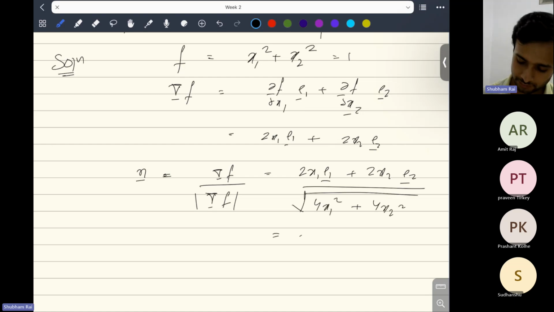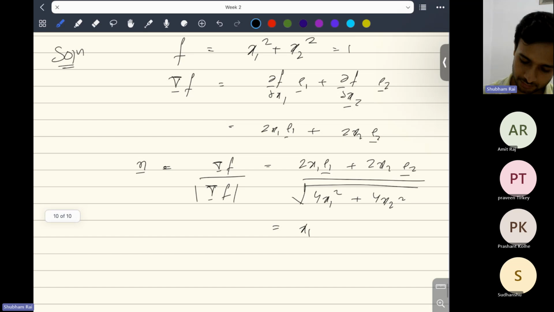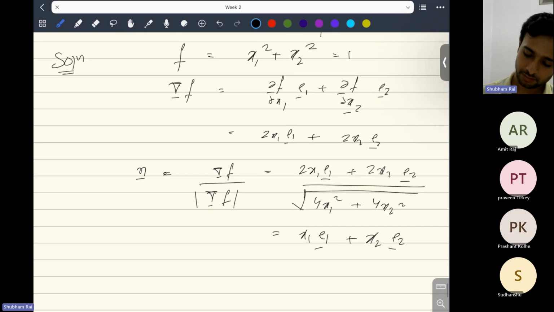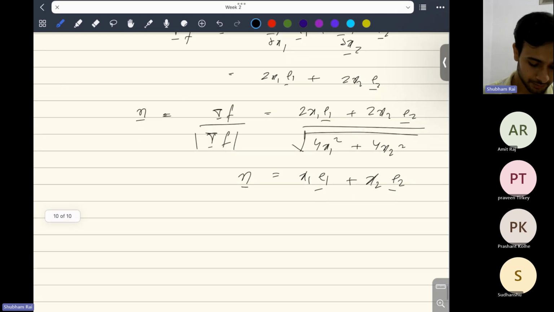Here you can take 4 common, so that will be 2. So 2 and 2 will get cancelled, and x1 square plus x2 square is equal to 1. Finally, you will get x1 e1 plus x2 e2, right? That will be your normal unit vector.